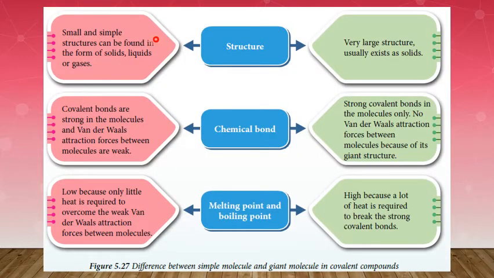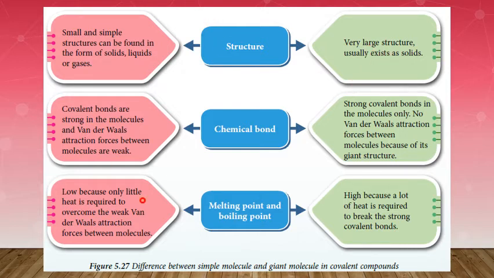The structure of simple molecules is small and simple, and can be found in the form of solids, liquids or gases. The giant molecule has a very large structure and usually exists as solids.